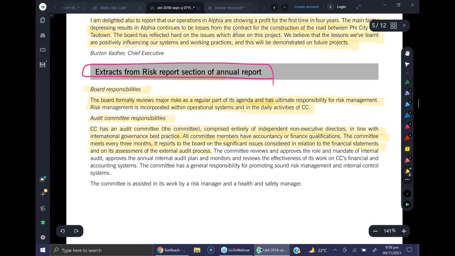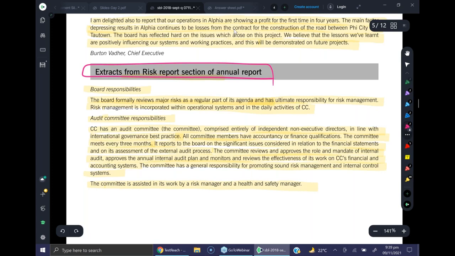The committee reviews and approves the role and mandate of internal audit, approves the annual internal audit plan, and monitors and reviews the effectiveness of its work on CC's financial accounting system. The committee has a general responsibility for promoting sound risk management and internal control system. The committee is assisted in its work by a risk manager and a health and safety manager.